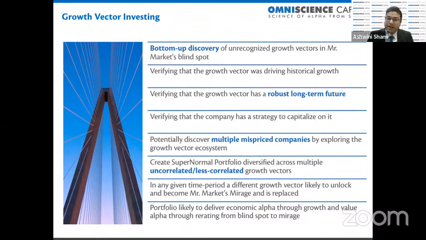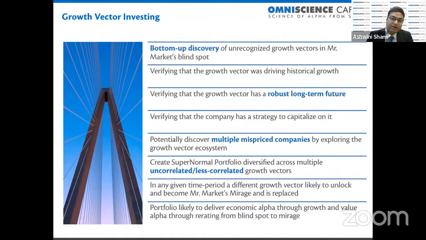And the problem with that is, you might like the overall concept that, okay, this particular thing might grow fast. But you have to understand whether there are sufficient companies in that particular growth vector where you can invest. You need to understand whether they are available at reasonable valuations, right? So you need to have multiple such mispriced companies.